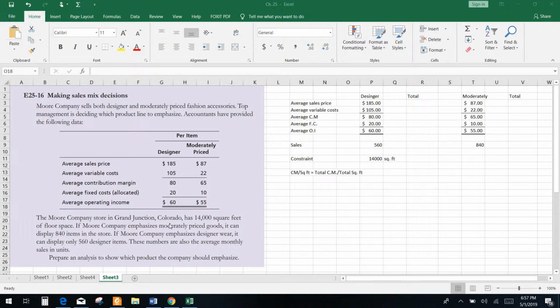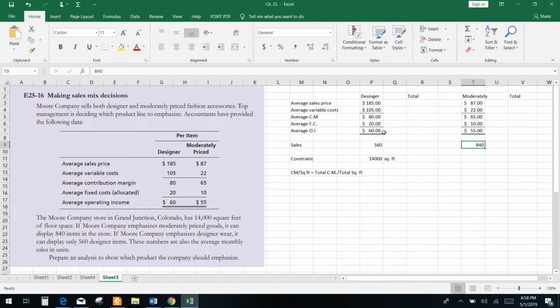Okay, so they told us they only have 14,000 square feet. And if they emphasize moderately priced, they can sell 840 items a month. If they emphasize designer, they can sell 560. So I have the sales written right here for each item.